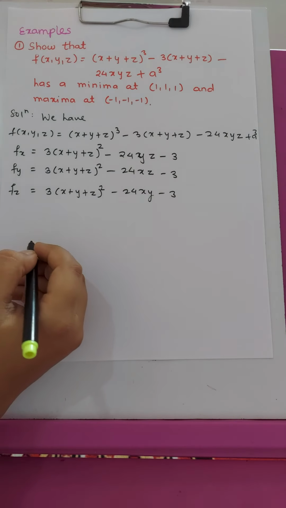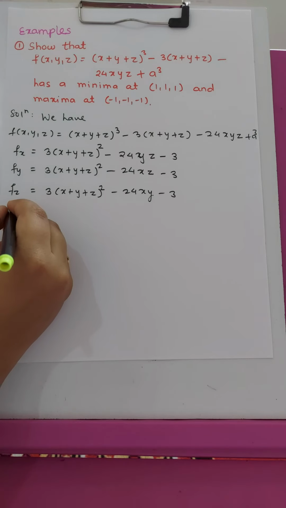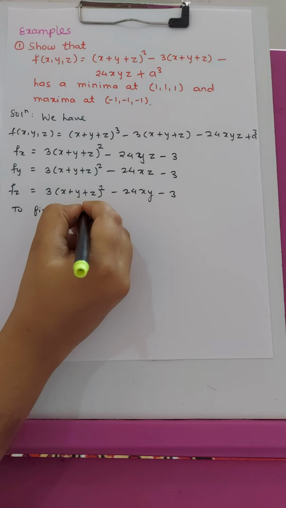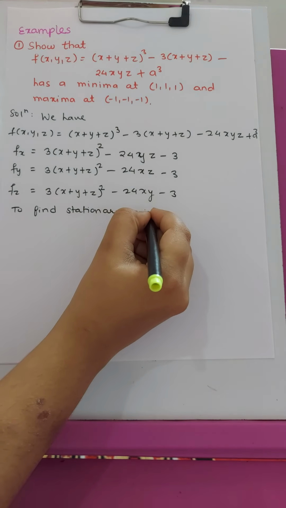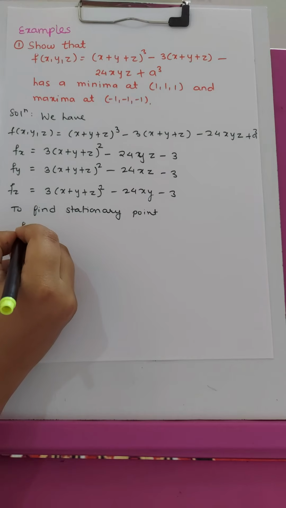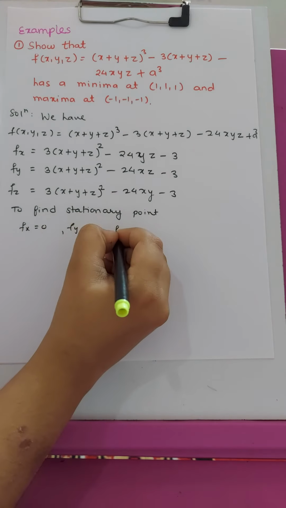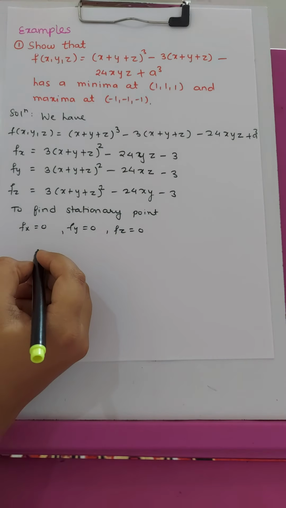Now to find the stationary point, we will equate all these to 0. Let fx equal to 0, fy equal to 0 and fz equal to 0.